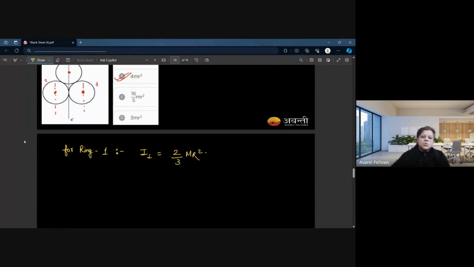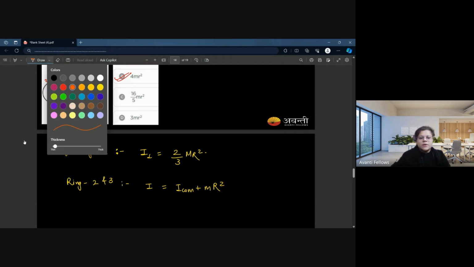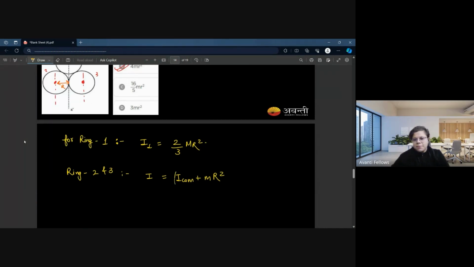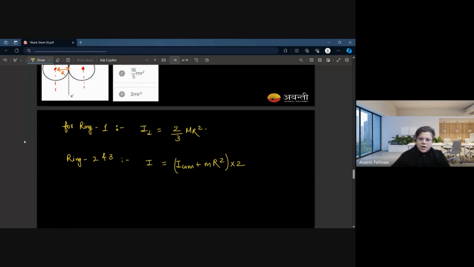But for both ring 2 and ring 3, the inertia can be calculated as inertia about center of mass plus m times the perpendicular distance squared, which is r here. So it is mr square. The perpendicular distance is the radius of this spherical shell. Just multiply it by 2 since you have two rings here.